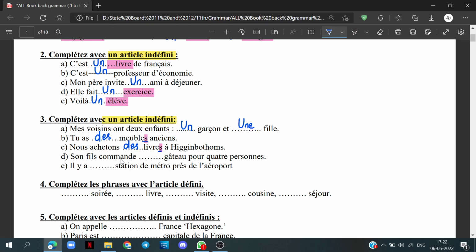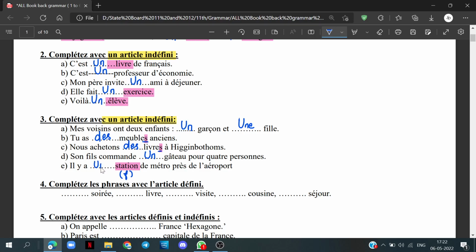His son orders a cake for 4 persons. Gâteau does not end with the e, so it remains masculine: un gâteau pour 4 personnes. "Il y a une station de métro près d'ici." There is a metro station. The word station does not end with the e, but it is a feminine word.